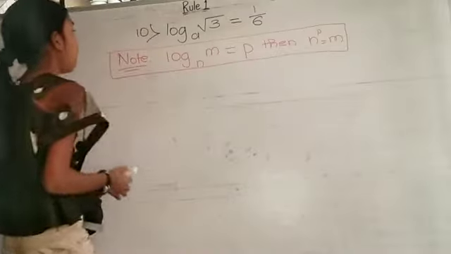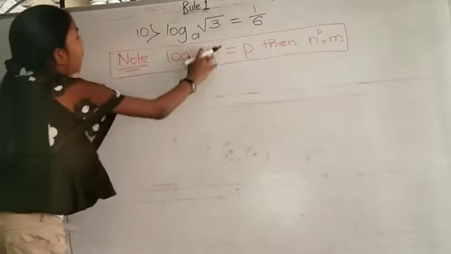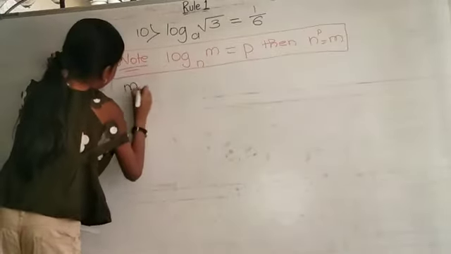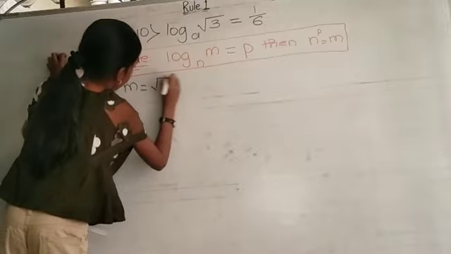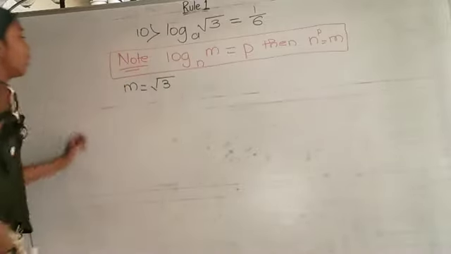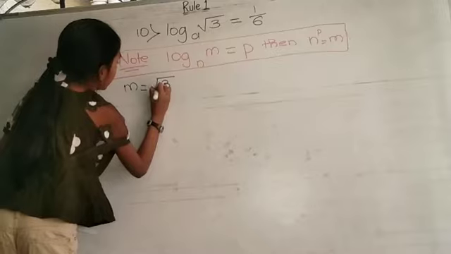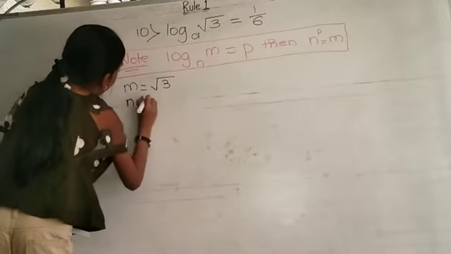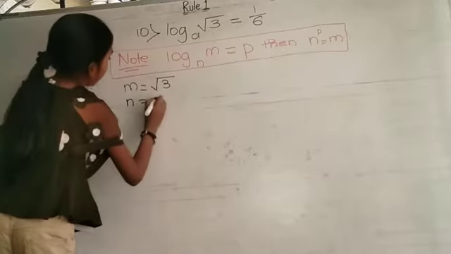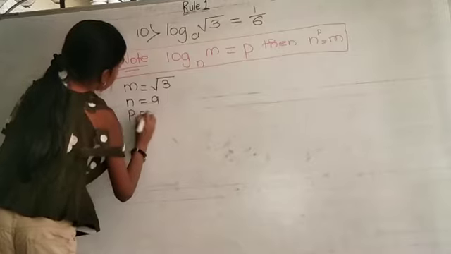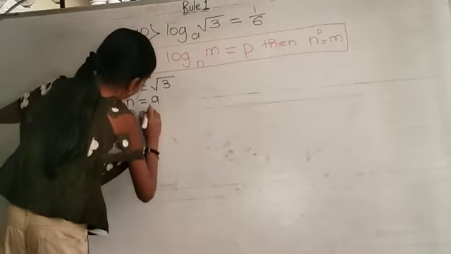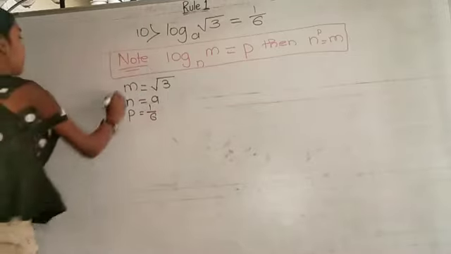Now we will compare. So m is equal to root 3, n is equal to a and p is equal to 1 upon 6.